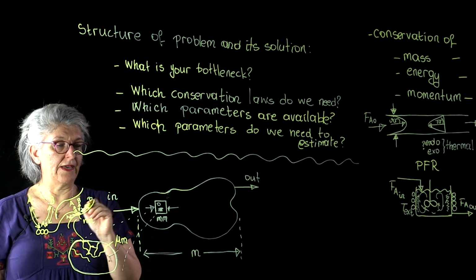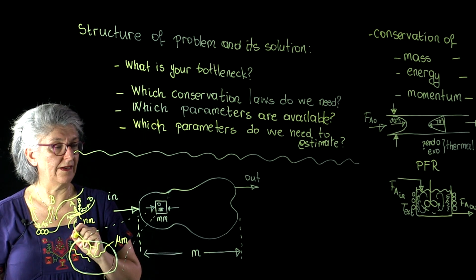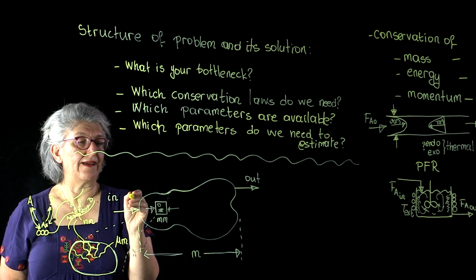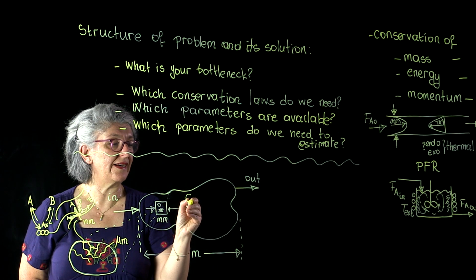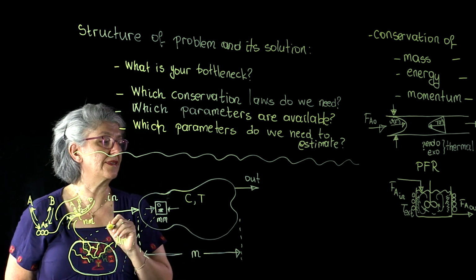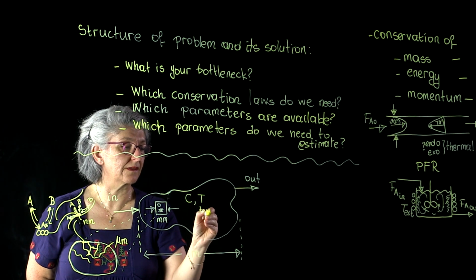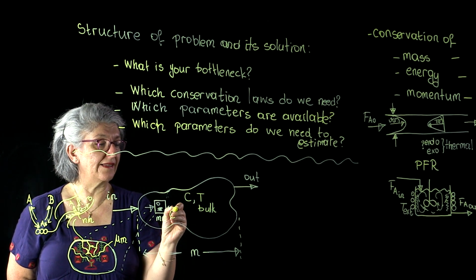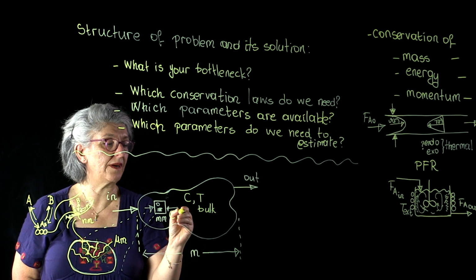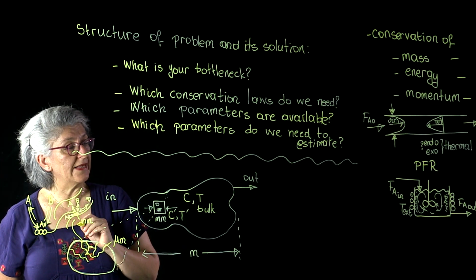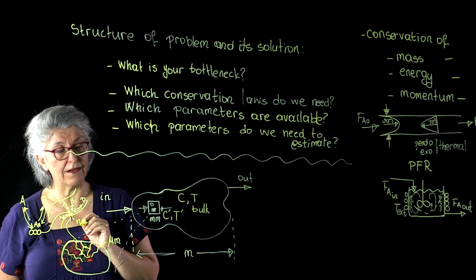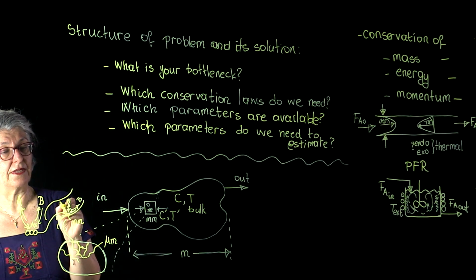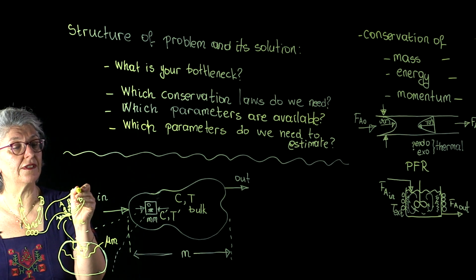Therefore, in this microscopic reactor, while we might have a concentration C and a temperature T that represent the bulk, we might have a different concentration given by C prime and a different temperature given by T prime on the millimetric scale of the catalyst, that is averaged out, which might be different from the concentrations that we encounter within the pores.